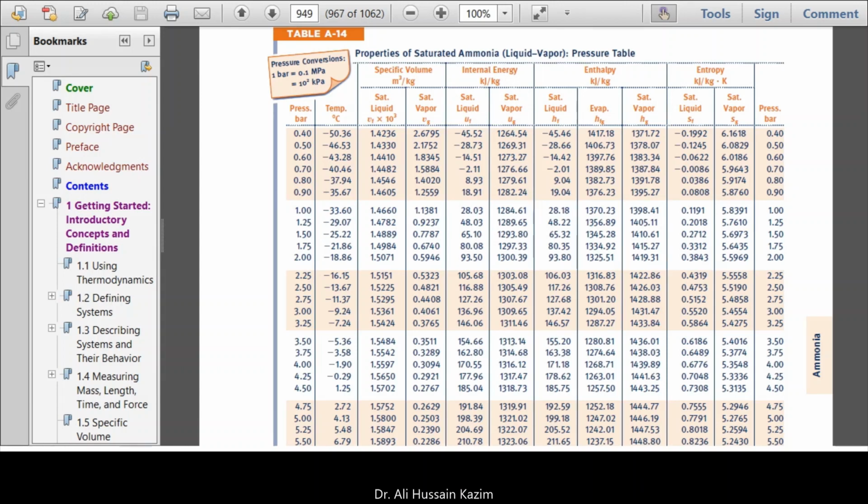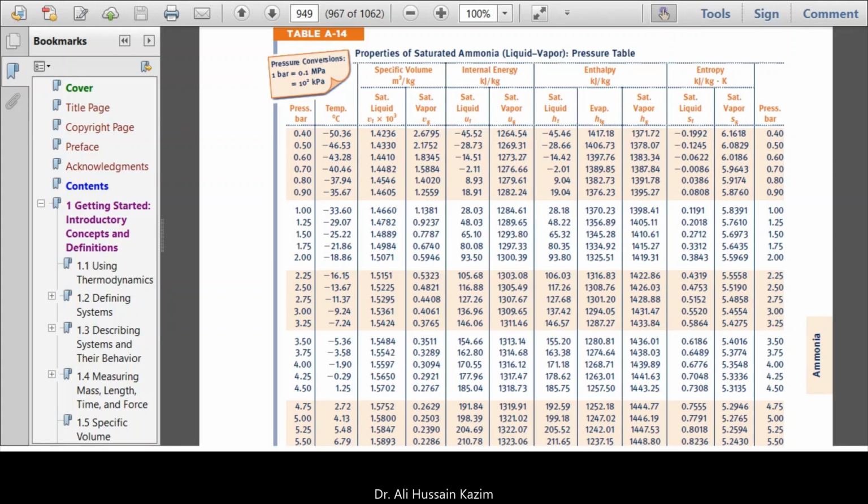So there is 1 kg of water at the critical point. On the temperature versus specific volume diagram, the critical point is the highest point inside the vapor dome.